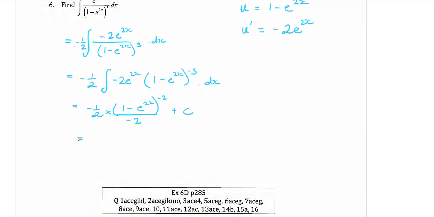So on the top, the only thing I'm going to have is a 1. I don't even need a minus because those two minuses are going to cancel each other out. So it'll just be 1 on the top. 2 times 2 is 4 on the bottom. This whole bracket has a negative power of 2, so move it to the bottom, and it'll be 1 minus e to the 2x, all in brackets squared, with a plus c on the end.